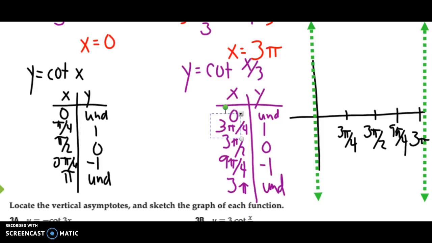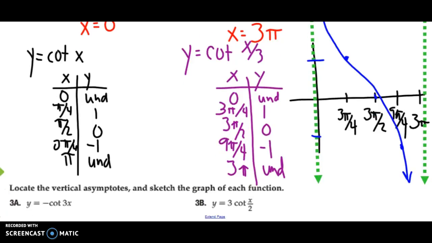For my y values, at 3 pi over 4 I'm going to be at 1, at 3 pi over 2 I'm going to be at 0, and at 9 pi over 4 I'm going to be at negative 1. So my graph's going to look like this. And we could continue going on both to the left and the right of my vertical asymptotes.